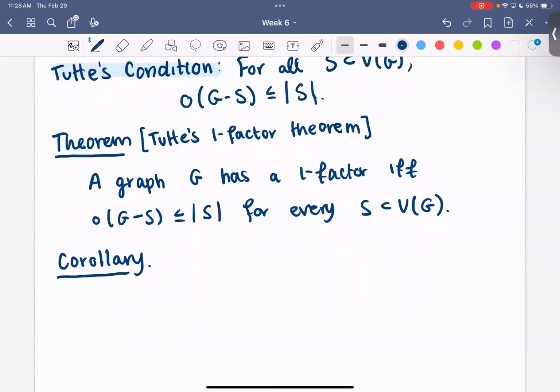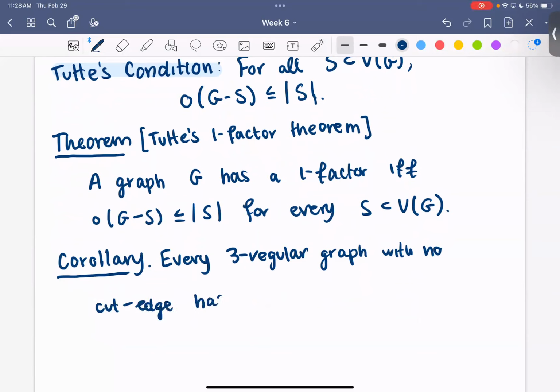Every 3-regular graph with no cut edge has a one factor.